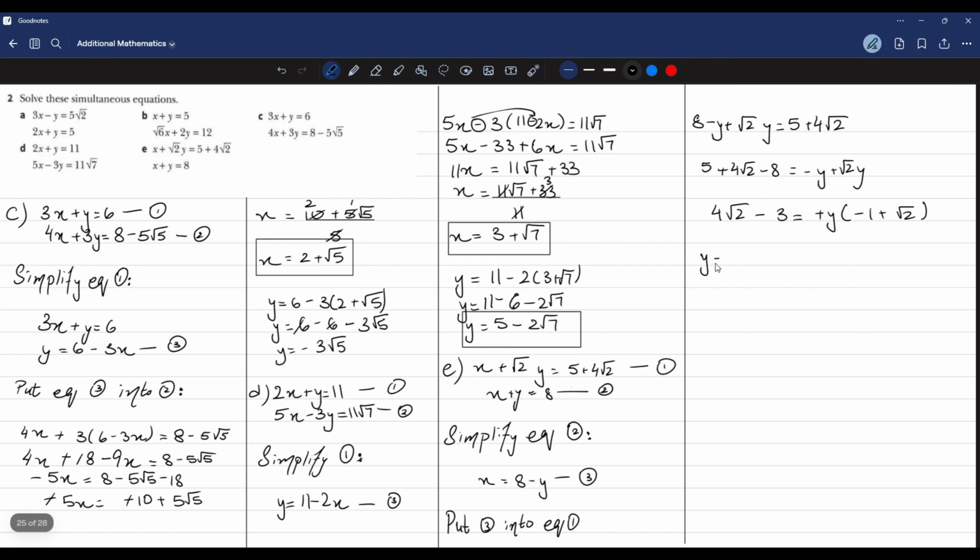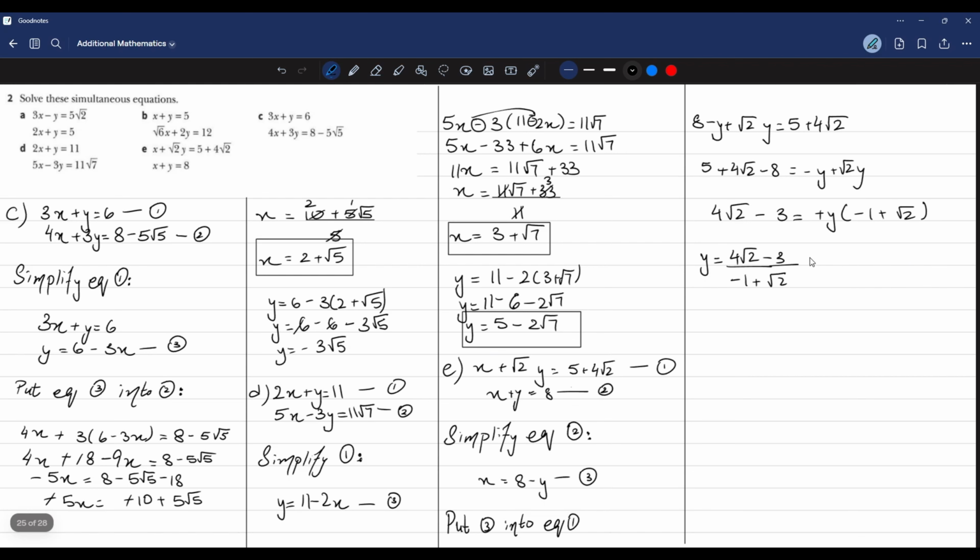So y would be equal to, in fact, sorry, my bad, I confused myself. It would be equal to 4 root 2 minus 3, divided by negative 1 plus root 2.